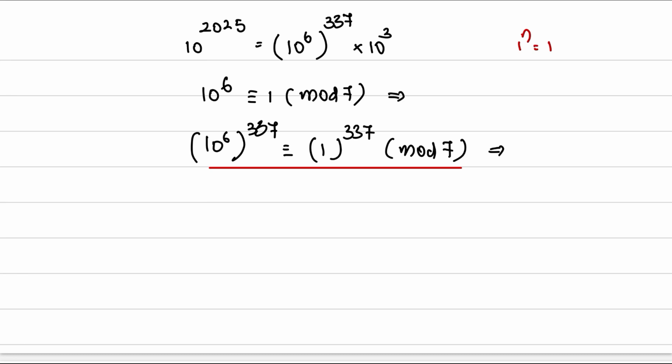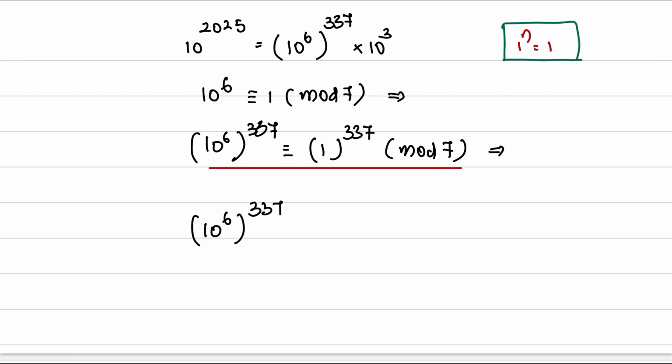Then here, whatever I am writing on the side, it is a concept. On the basis of this concept, we got this result. 10 to the power of 6 to the power of 337 is equivalent to 1 to the power of 337, which is 1, modulo 7.